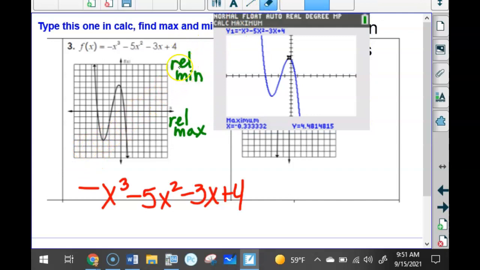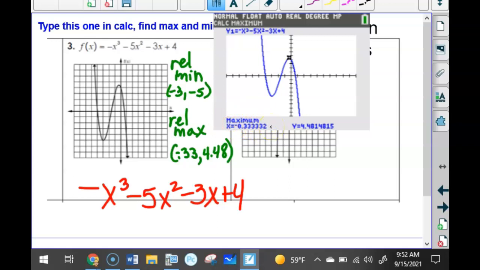Was it -3, -5? And that was the min. And the max was at -0.33, 4.48. Anybody getting different numbers? It has to say the word max or min on your screen or you haven't gone far enough.